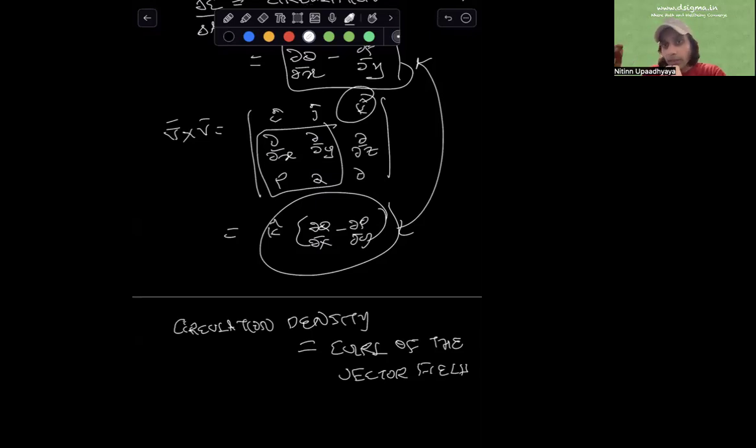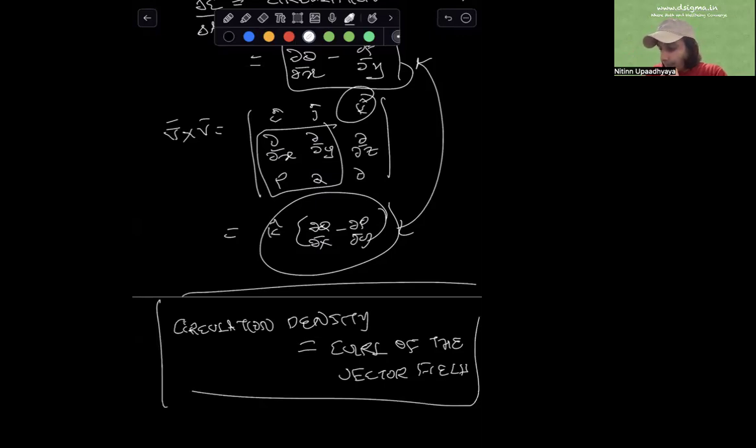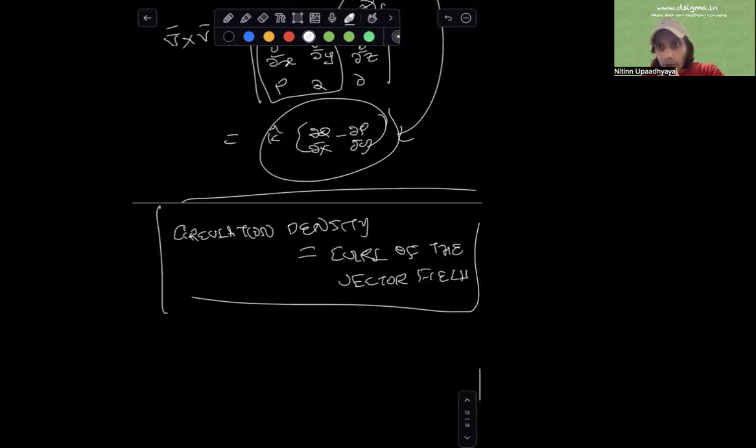We obtained that result by looking at the normal components of the velocity vector field along the rectangular loop, which we have defined for ourselves. Likewise, the circulation density, which is obtained by looking at the tangential components of the vector field, gives us the curl of the vector field.